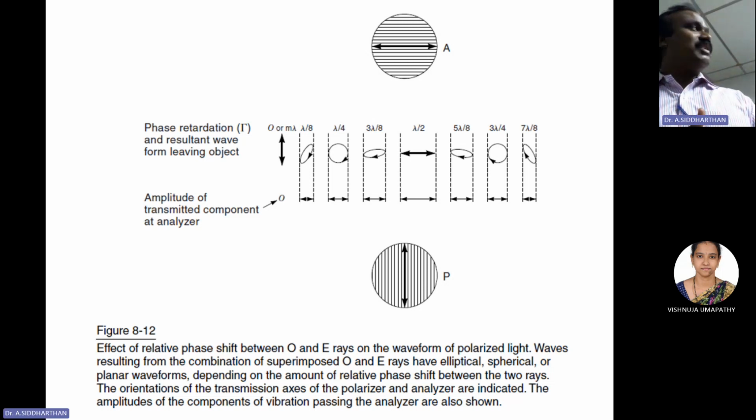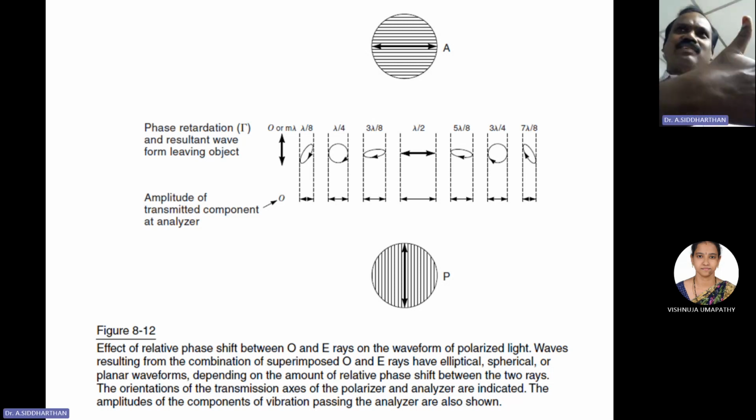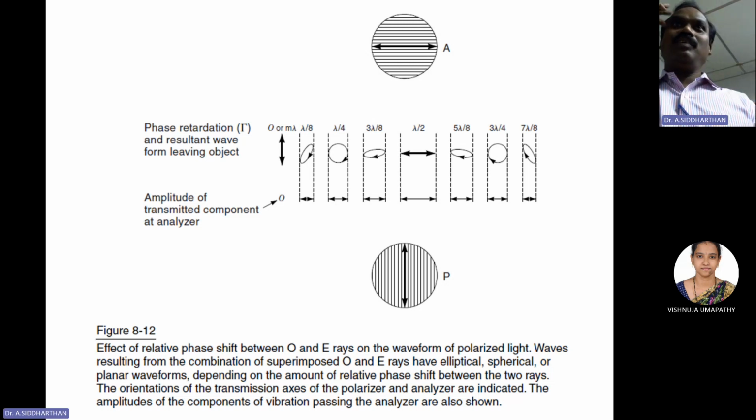So I have placed the polarizer and analyzer crisscross. Then what will happen now? I'll get light, because polarization is sent in this direction and the analyzer is vertically crisscrossed to the polarization direction. After falling, it is actually reflected back like this. When I get a bright light with crisscrossed polarizer and analyzer, your material is not responding to polarized light.